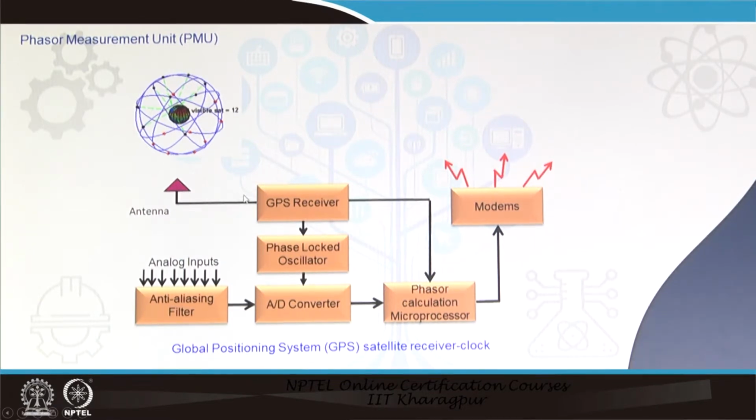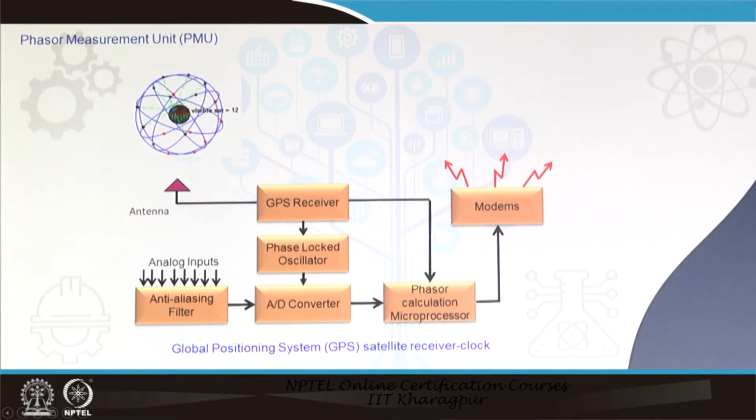It goes to this GPS receiver and to the PMU, which has the A to D conversion process and so on. So, the PMU time information is controlled by the time received from this GPS receiver. Every 1 second it receives the corresponding time and the position of the satellite.